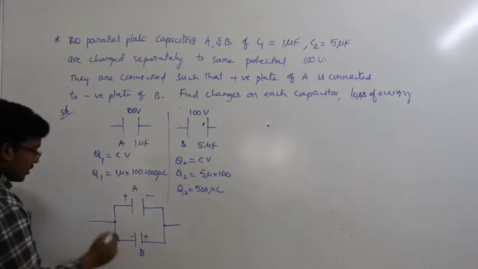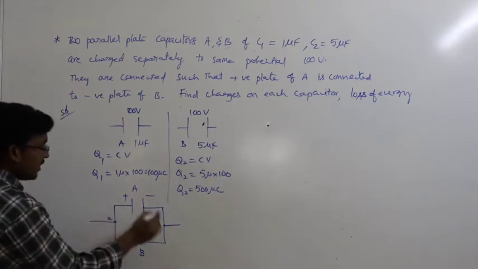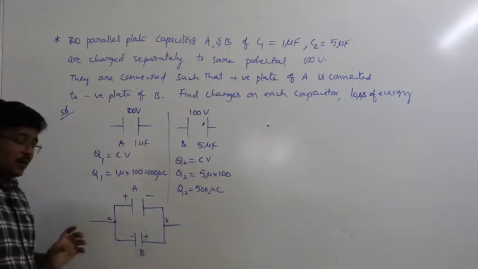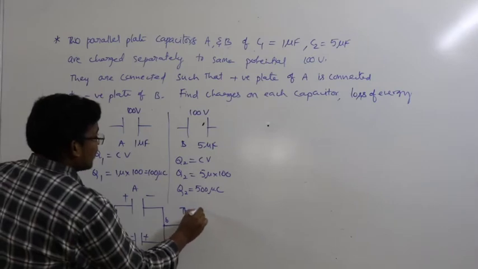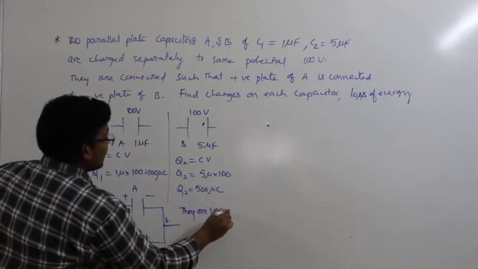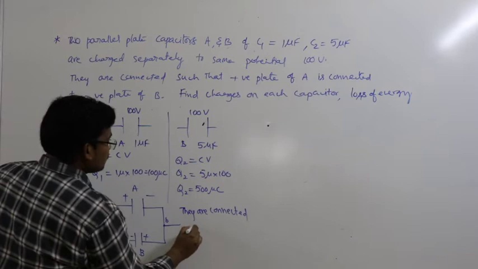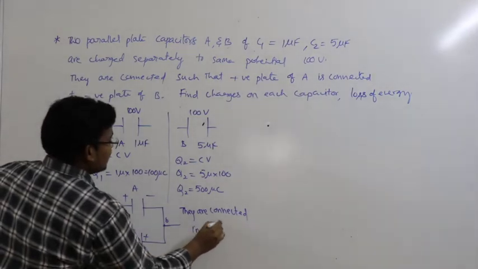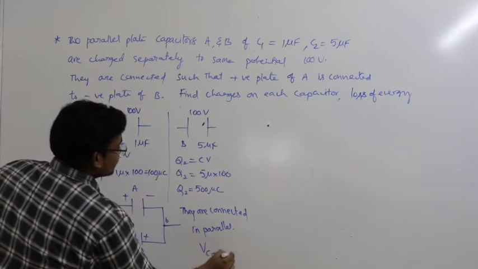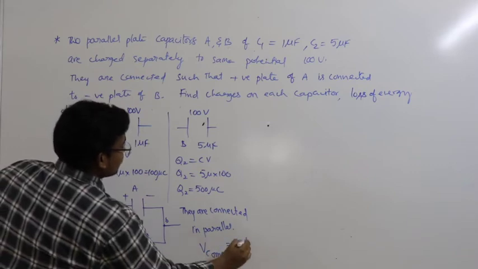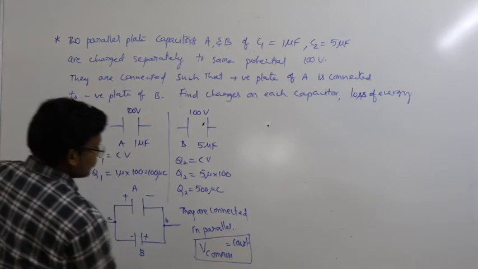So here I can take some small a and small b, and they are connected in parallel. So when it is parallel, there is a common potential which is constant for both of them. Okay na? Potential is constant.